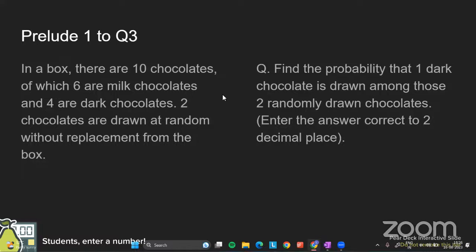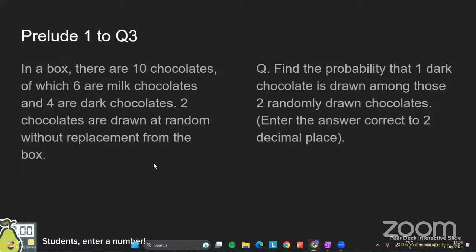Yeah, so the trick to solving this question is, from the question, we can understand what kind of distribution it is.